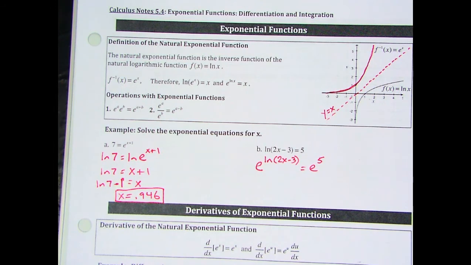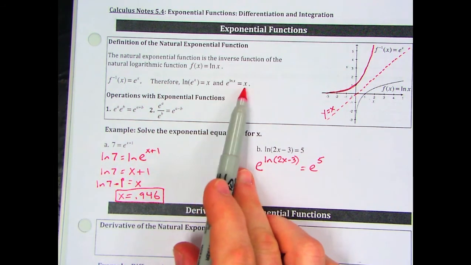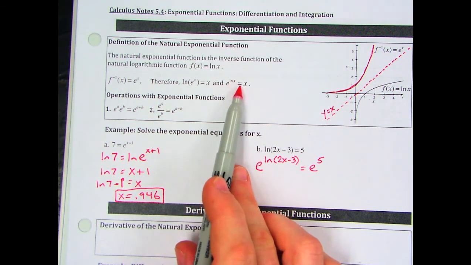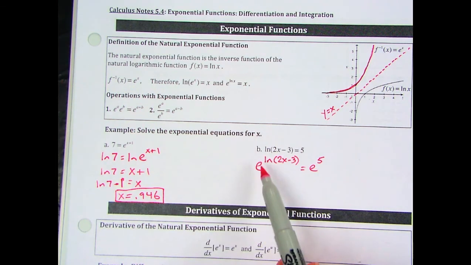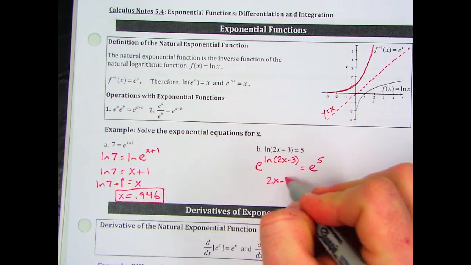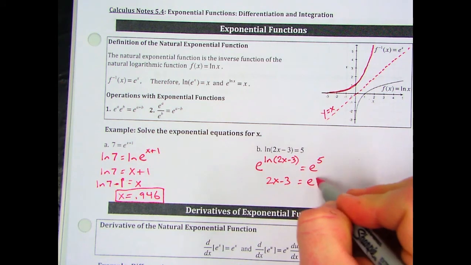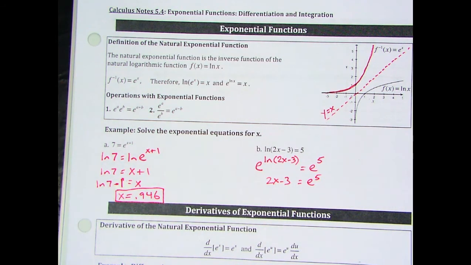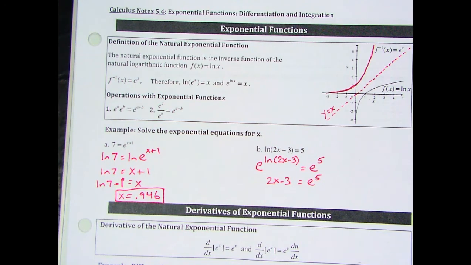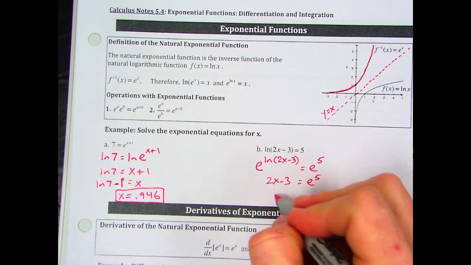Okay. So if we look at this property right here, e to the ln of x equals x. So if we do e to the ln of 2x minus 3, this just equals 2x minus 3. It still equals e to the 5. And we solve from here, add 3, divide by 2.